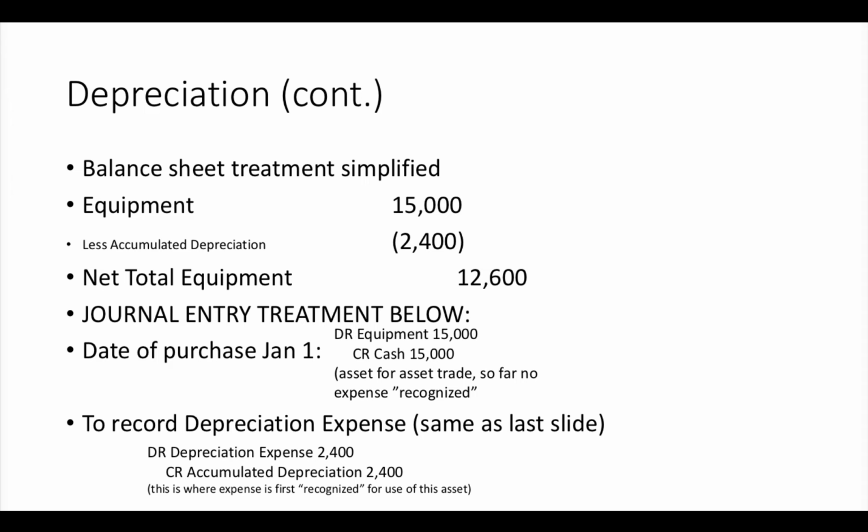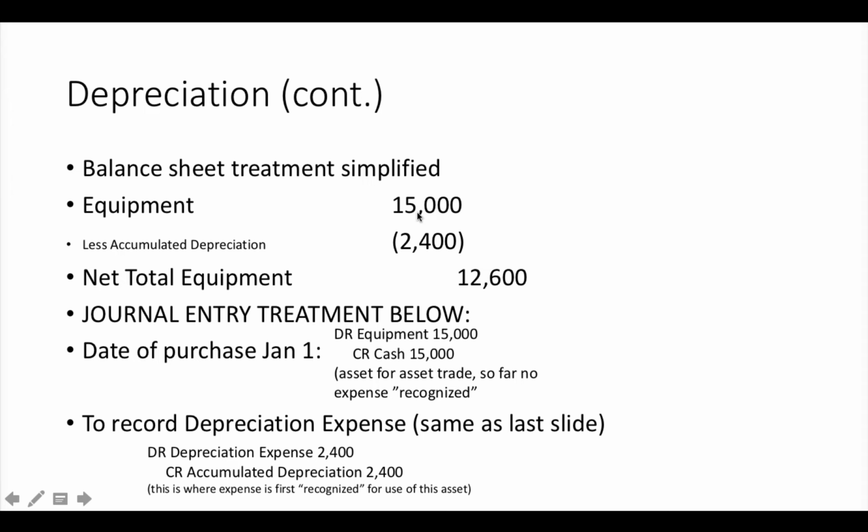This is basically just assuming that this is our only asset that we're depreciating. So this would be a small component of your balance sheet. So you would have your equipment at the amount you paid for it, total cost to get it to its useful use.